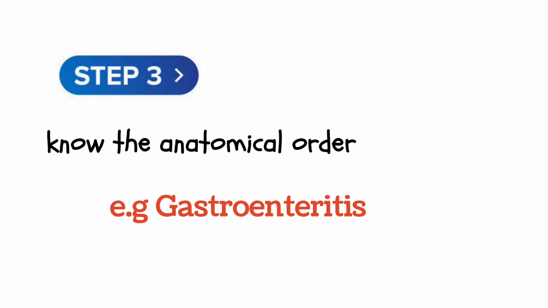Because food passes from the stomach into the small intestine, the medical term for stomach appears first before the medical term for small intestine. So your knowledge of anatomy will be helpful in understanding medical terms.